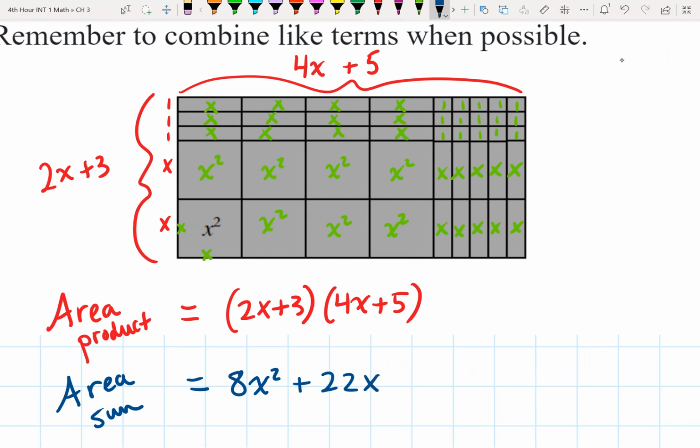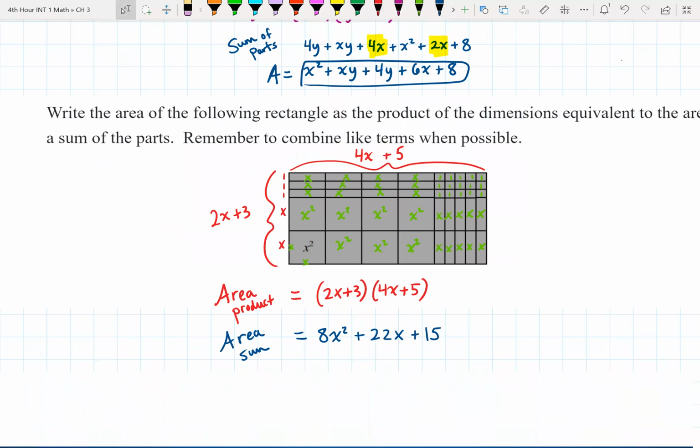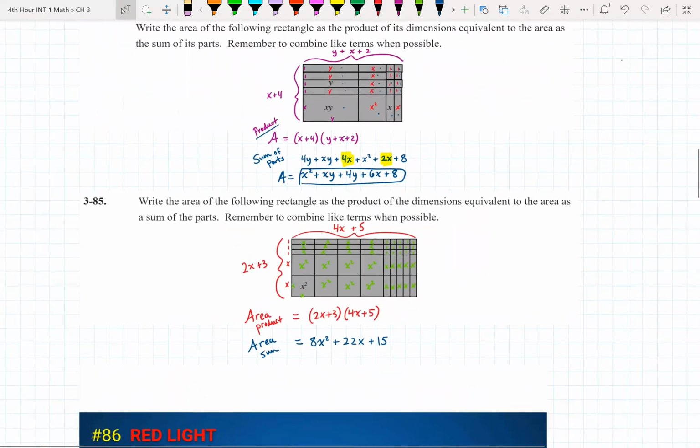And how many single tiles? 5 rows of 3, or 15 single tiles. Those two would be equal to each other if you were to multiply out the product. So those are two examples using algebra tiles, but the real purpose is to now transition into what's called an area model. That's coming up next.